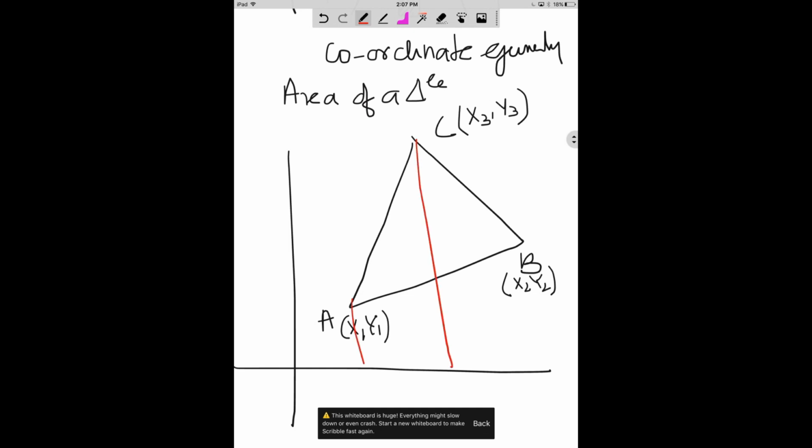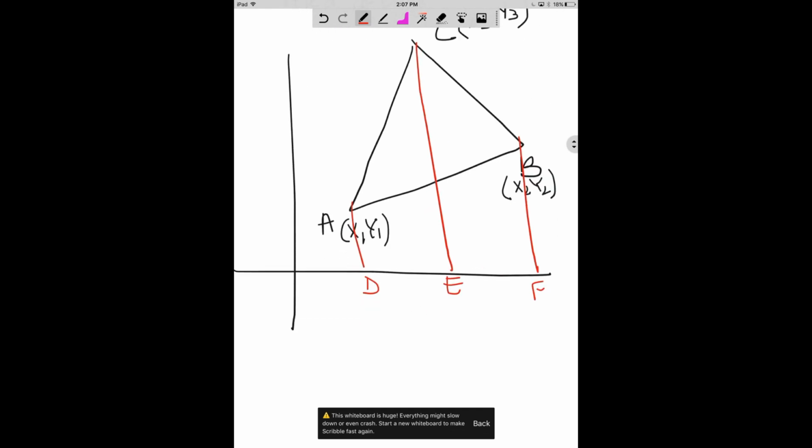That's the perpendicular. One more perpendicular. Yeah, that is right. So let A meet the point D on the x-axis, C meet the point E, and B meet F.